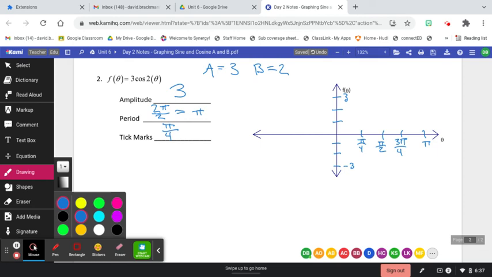Okay, now let me change colors. Remember yesterday we said that cosine starts up at 1 at the maximum. Well, now that our amplitude has changed, this cosine is actually going to start up at 3. It's going to start at whatever the maximum is, guys, so 3.